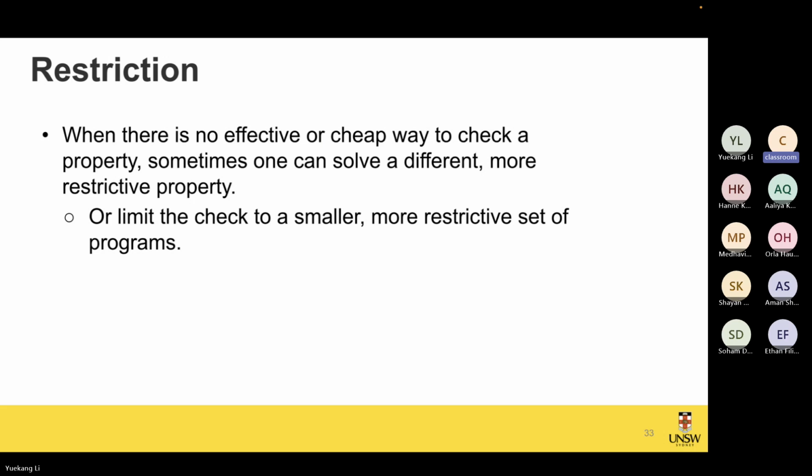Because of the complexity of the code and its logic, if there is no effective way to check certain properties, we can try to simplify the problem by modeling that piece of code into something simpler. This is called restriction.